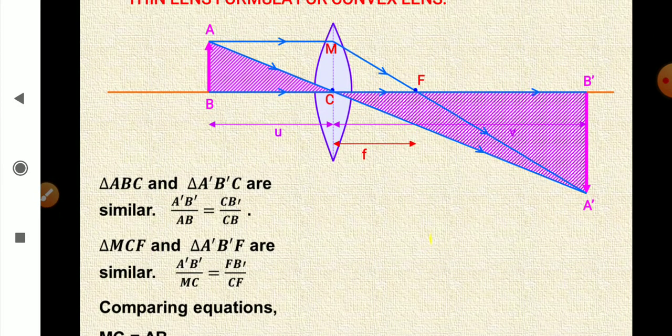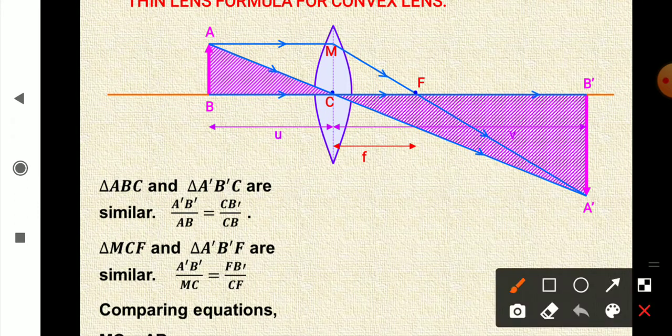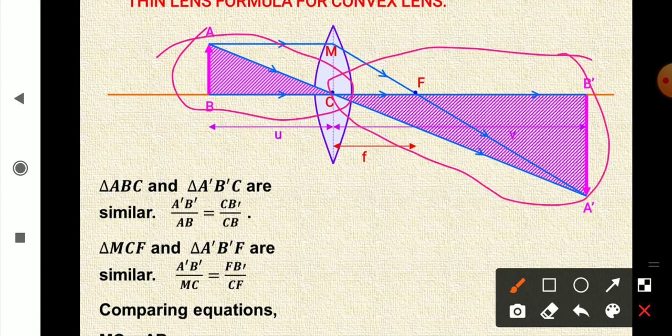If you look at it here, this triangle ABC and triangle A'B'C. This angle is 90 degree, this is also 90 degree. These two are vertically opposite angles. So the remaining angle, this one and this one, are also equal. That means the triangles ABC and A'B'C are similar triangles, and you know the properties of similar triangles.